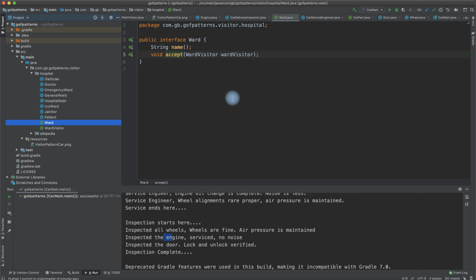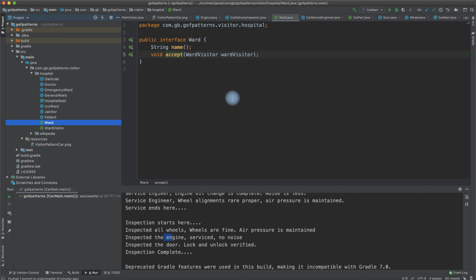What will a ward contain? A ward will contain a ward name and a list of patients. Patients may come to get admitted or get discharged. That is the role of a patient, and a ward will accommodate a certain set of patients with certain ailments. What are the other people who provide services to the ward?